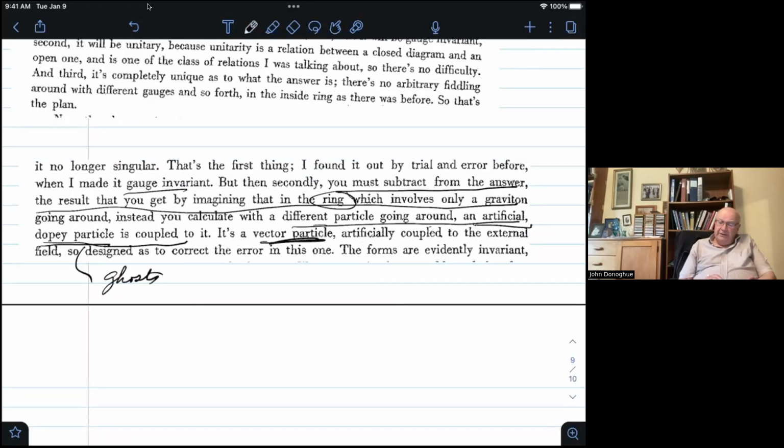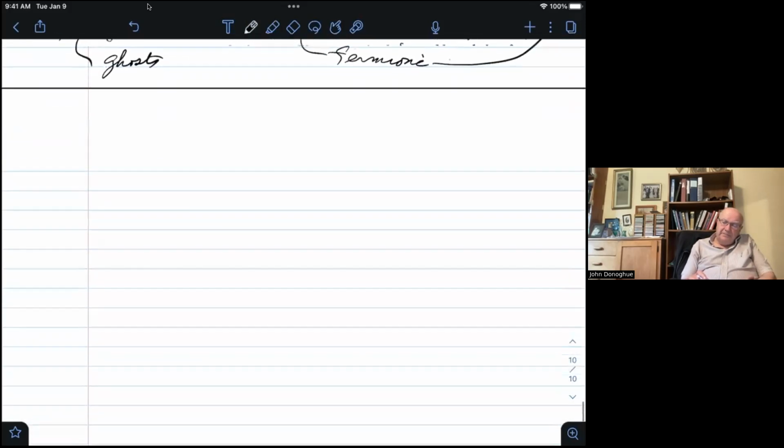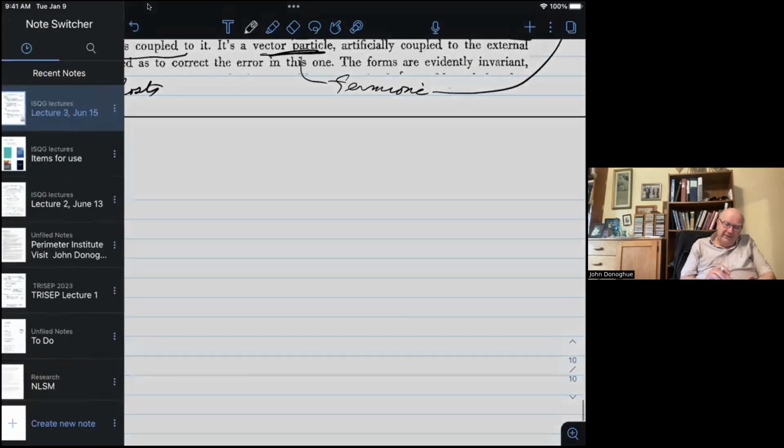It's a vector particle. In the case of gravity, we'll see it's a scalar for QED, but it's a vector in gravity. And it's also fermionic, where the fermionic part comes from the fact that you have to subtract it. Okay, so there's where ghosts enter into physics.